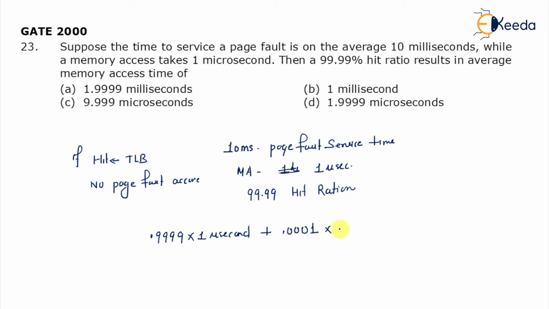Nothing is mentioned, but we'll assume a TLB miss in this case. So 0.0001 times you have to take 10 millisecond. So this is 0.9999 plus 0.0001 times 10 millisecond, and microsecond means 10 to the power minus 6, so I'll multiply this quantity with 10 to the power 3.